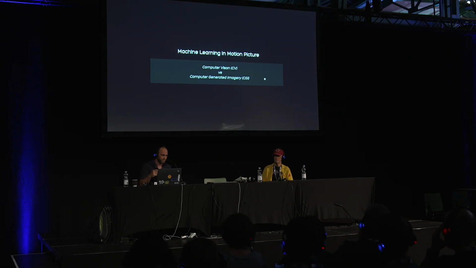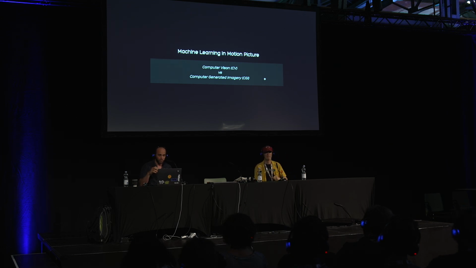And when I say emulators, I mean artificial intelligence or machine learning. These two fields in our industry are computer vision algorithms and computer-generated imagery. These are the two pillars where we see a lot of innovation enabled by those emulators.